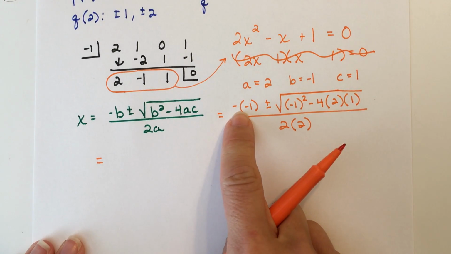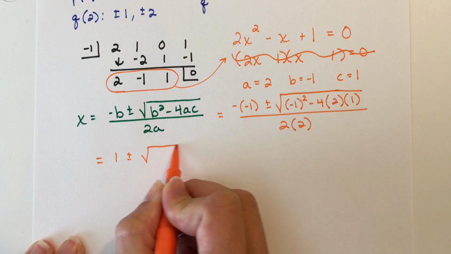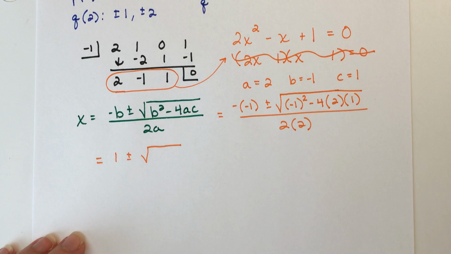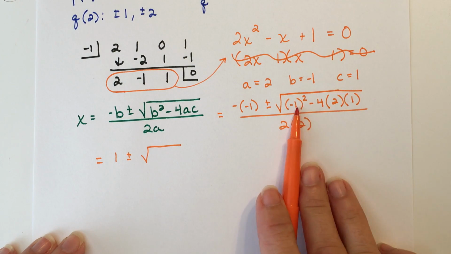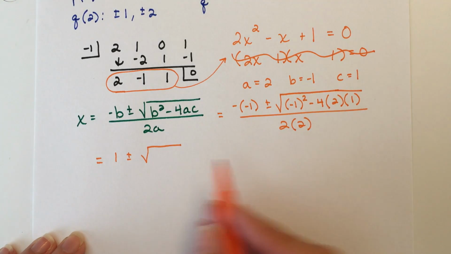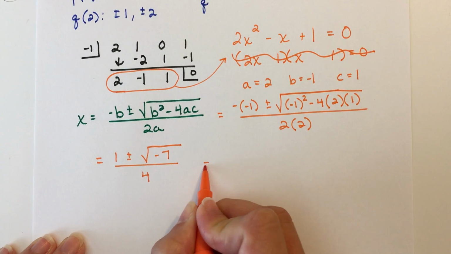Okay, so of course this is just going to end up giving me a positive 1. Now underneath the radical, of course you can just use your calculator to help you out. This is actually just going to give you 1 minus 8. So that's going to give me a negative 7 over 4.